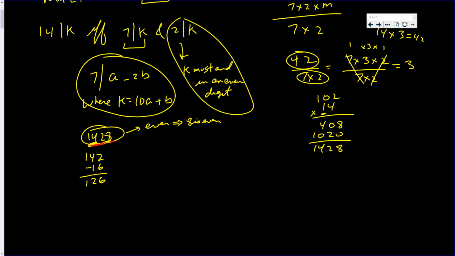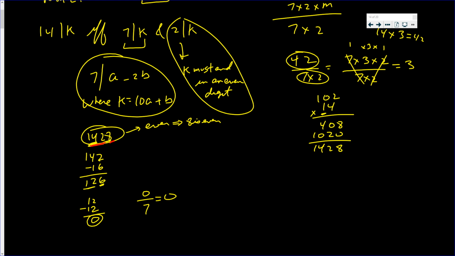126. And if you don't know whether or not 7 goes into that number, then what you do is you take this number and you take away 2 6's and you get 0. I know 7 goes into 0. It goes in 0 times.